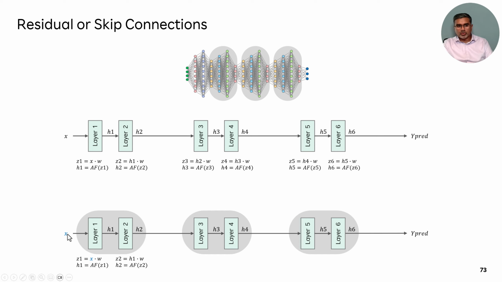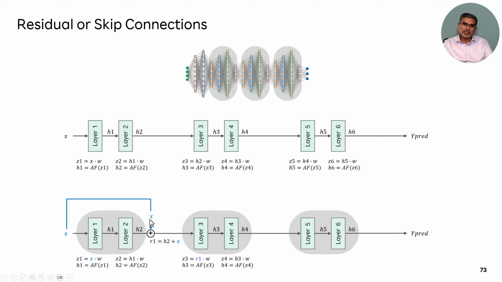Now, what you do is you want to also amplify this one with this signal here. So you connect a residual connection here. What gets passed here has to be a combination of H2 and X. So you create a residual value, which is H2 plus X.